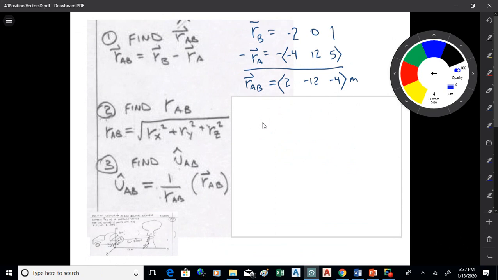All right, now let's find the magnitude of that vector. So to do that, we'll take the square root of the sum of the squares. Okay, let's do that next. So we'll find the magnitude of that vector.